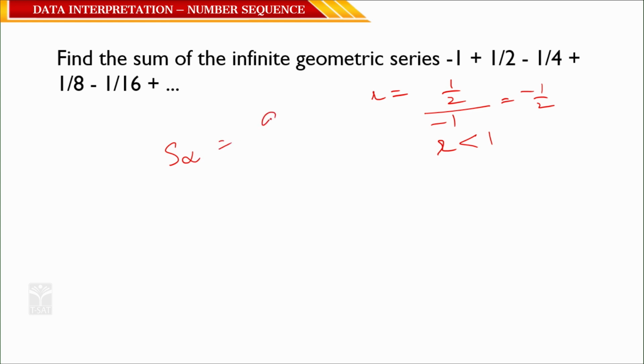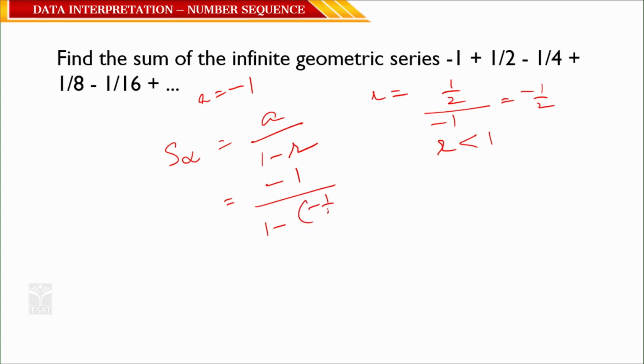Then the sum of this series, S infinity, is equal to A by 1 minus r, which is the formula. What is A here? The first term A equals minus 1. Then, what is the r value calculated?